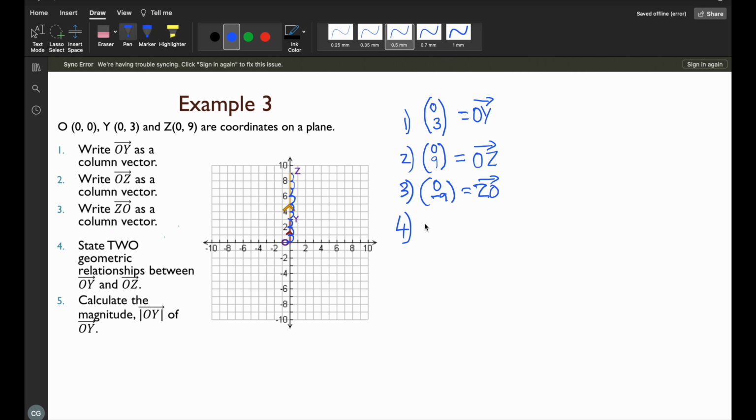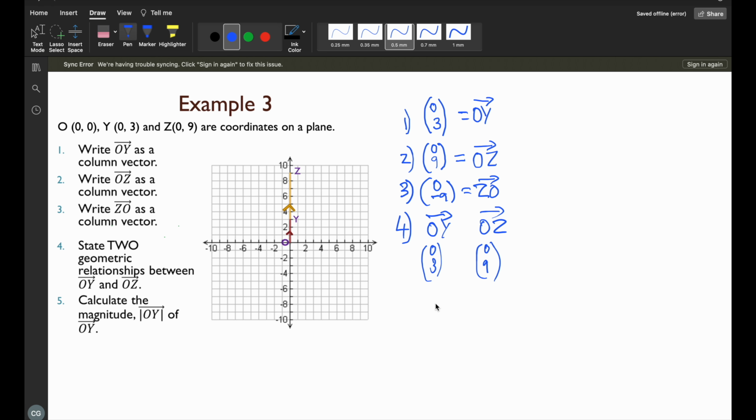So we have OY, state the geometric relationships with OY and OZ. Now, off the bat, I could tell this yellow one is 3 times the size of the red one. I could have 3 of these red ones to form this full one right here. So OY is 0, 3, OZ is 0, 9.